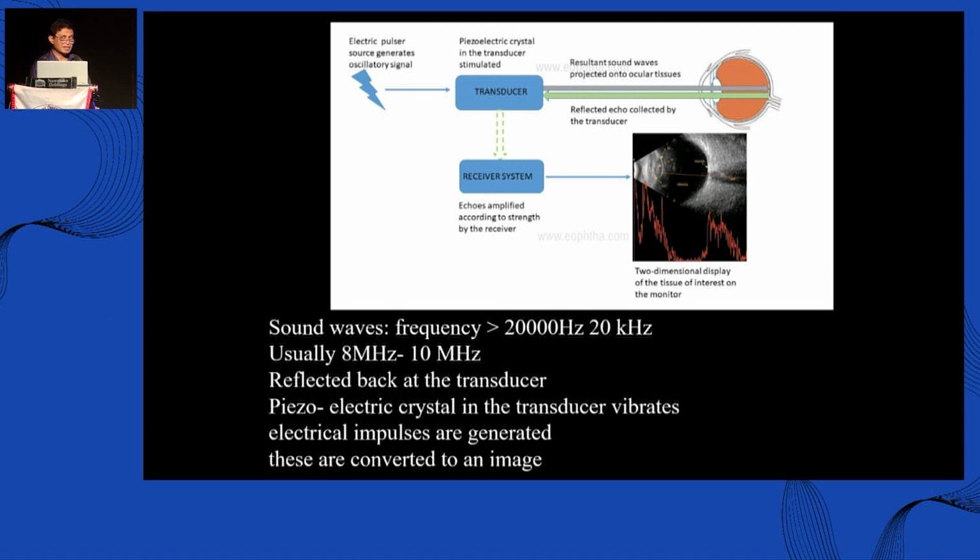The sound waves travel and come back, and the pattern that comes back, the reflectance, the amplitude, the amount of sound that comes back, is analyzed by a receiver system, and then we can reproduce an image or a spike system. Usually the frequency is around 8 to 10 megahertz.